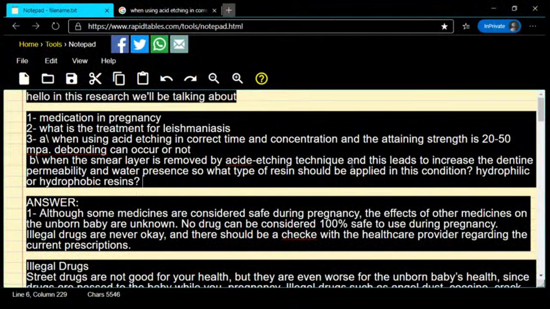Here we have the first subject, medication in pregnancy, that we shall start writing right away. Let's start writing: medication in pregnancy.